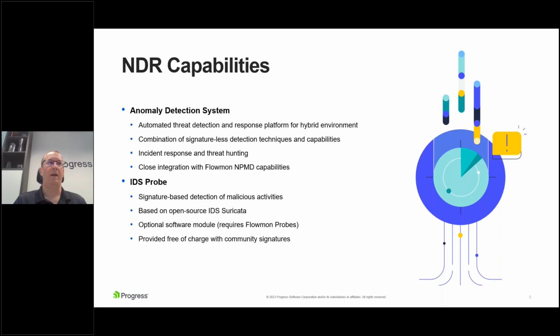And we have integrated both signatureless and signature-based detection in the anomaly detection system, so you can actually benefit from signature-based detection as an integrated part of the anomaly detection system that provides additional context to behavior-based detections.